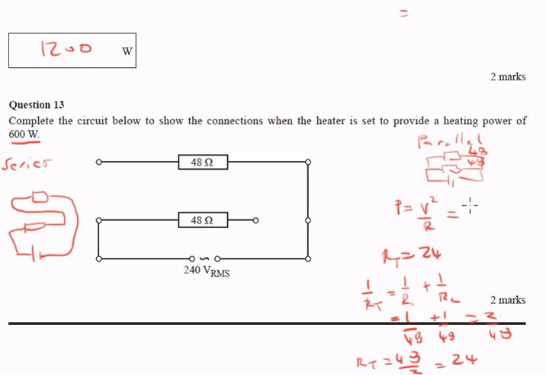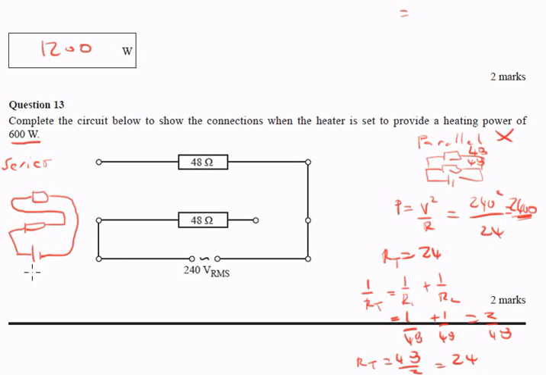So our voltage of 240 squared over 24, which gives 2,400. But they want the 600 one, so I think the answer is going to be series, but we'll just check. So it's not that answer, so it's not parallel.